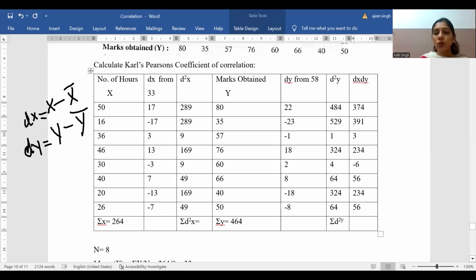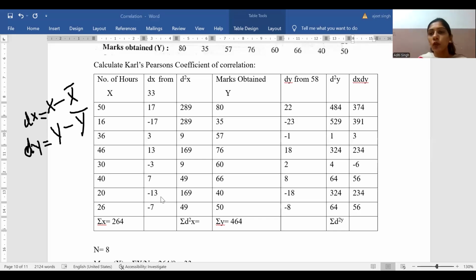Okay, so now we have to do the sum of d square x, d square y, and dx dy. So let's calculate all the values. 289 plus 289 again plus 9 plus 169 plus 9 plus 49 plus 169 and plus 49.